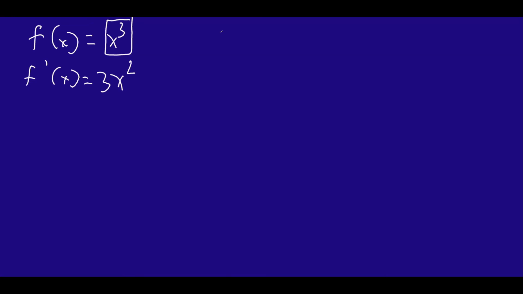In another video, we looked at the sum rule and the difference rule for differentiation. So if I have another f of x equals x to the third plus x to the fourth, the derivative of the function is the same as the derivative of the first function plus the derivative of the second function.